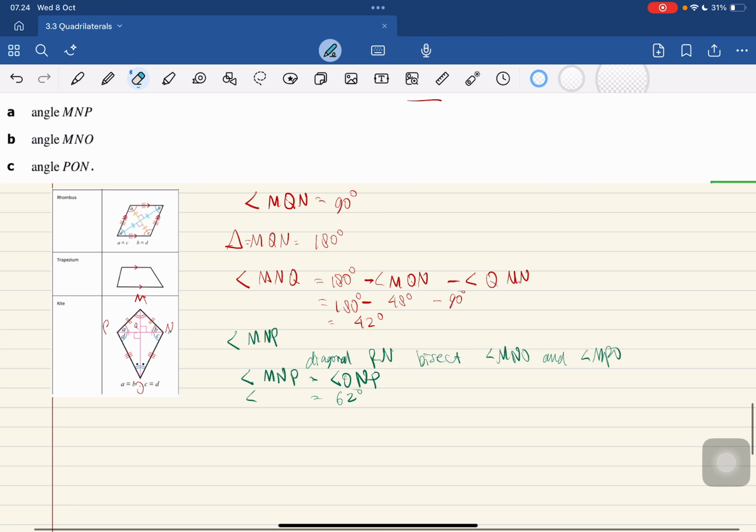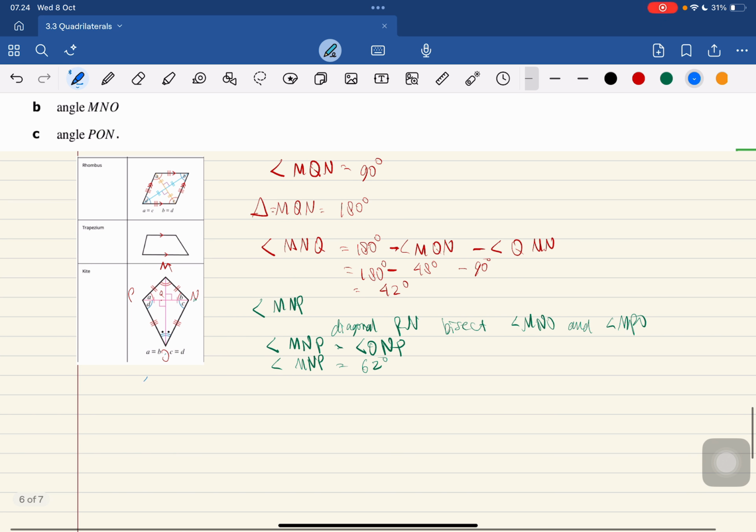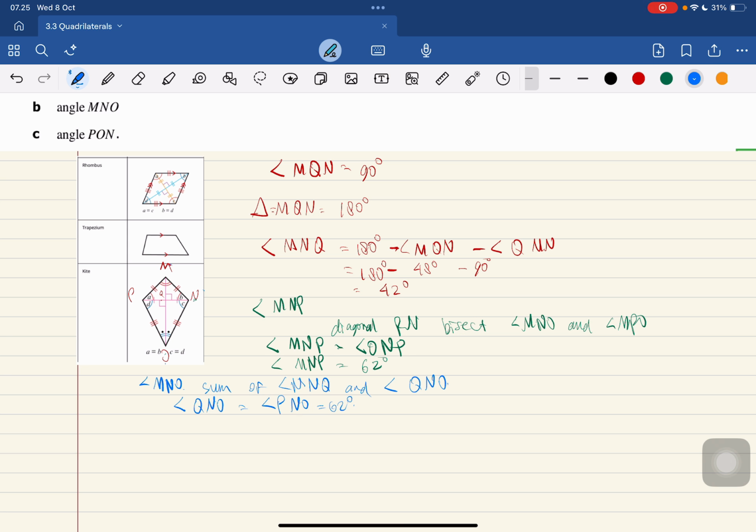So we got MPQ equal to 62 degrees. How can we find the angle MON? The angle MON is the sum of angle MNQ and angle QNO. Since QNO is equal to angle PNO, which is 62 degrees, the angle MNO is 42 degrees plus 62 degrees, which gives us 104 degrees.